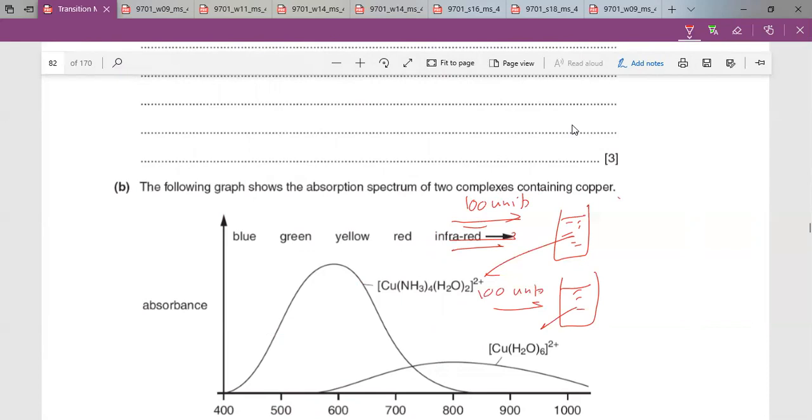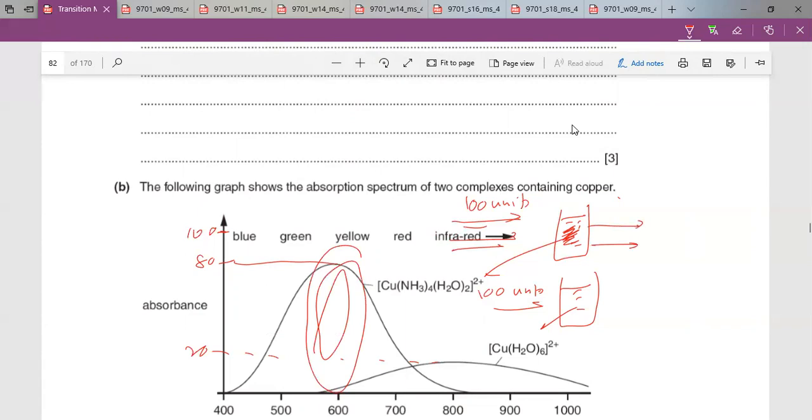Right here, out of 100, this height now here is 100. Here is 80. Here is only 20. That means this fellow here can absorb 80 of this yellow-green light. That means the blue and the red coming here is also 80 now.